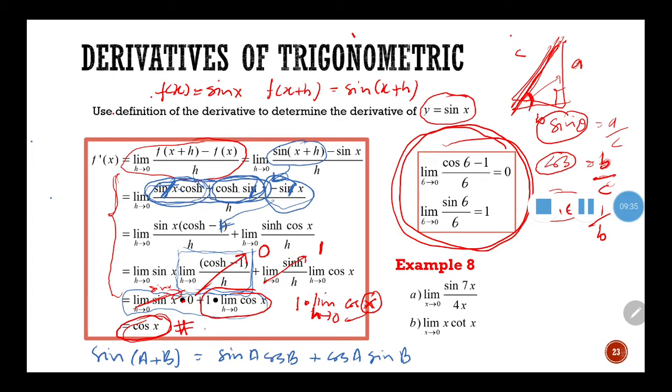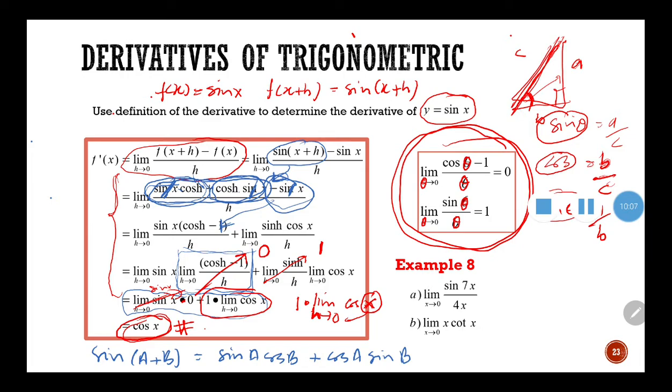So out of this derivation of the derivative of sin x, we actually come out with two formulas for limits of trigonometry: the limit of (cos theta minus 1) over theta as theta approaches 0 is equal to 0, and another one, the limit of sin theta over theta as theta approaches 0 is equal to 1.